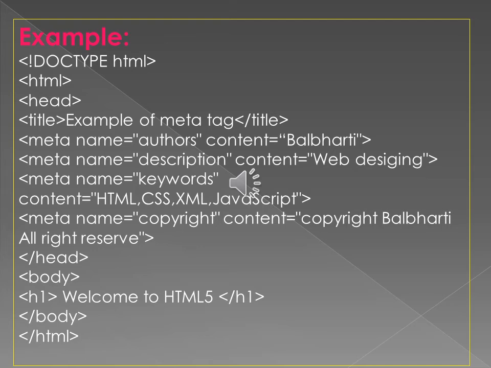So this is the simple HTML program using meta tag. And see, this program shows only the output within the body tag. But why? Because the content of meta tag cannot be displayed on the screen. It is only for internal purposes and it is only used by the web server.